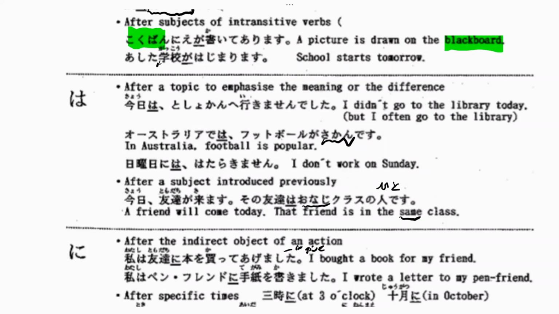And then obviously its normal use is just after a subject that's been introduced, in things like kyo tomodachi ga kimasu. Again, if you look here, kyo without the wa, so it's not really emphasis on today. Sono tomodachi wa onaji kurasu no hito desu. I'm assuming that's pronounced hito, but I don't actually know how it's used.